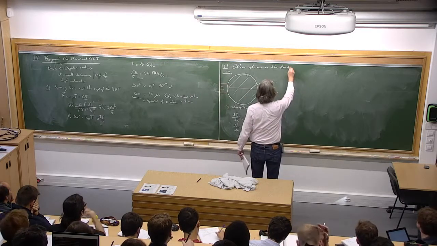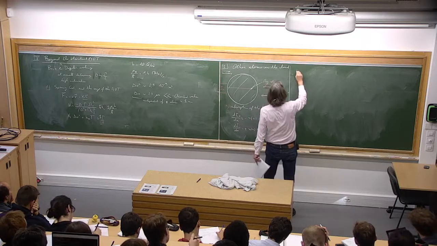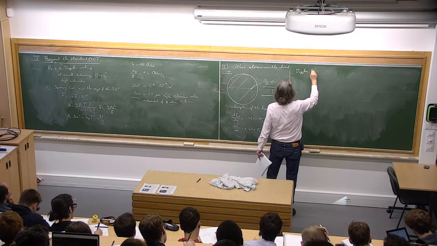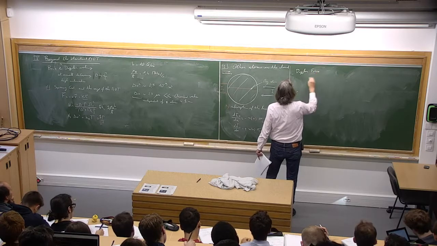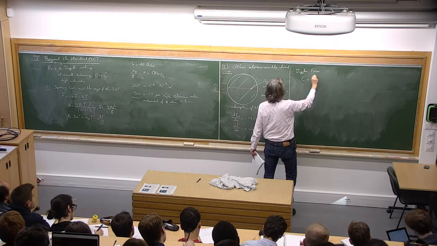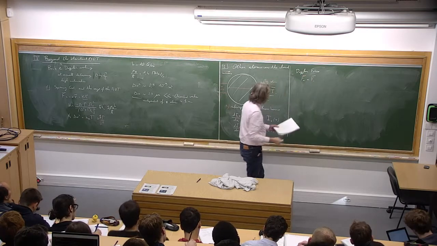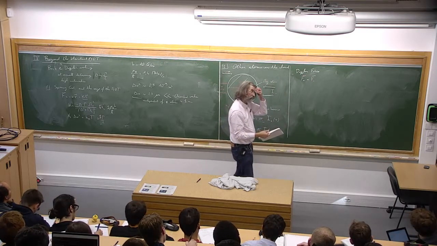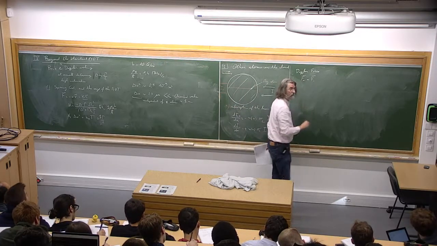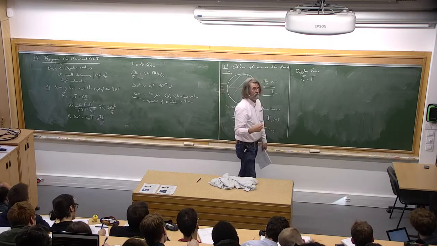So the Doppler force was the sum of F plus and F minus, and in the calculation I have already made, I have assumed that the two intensities were the same.